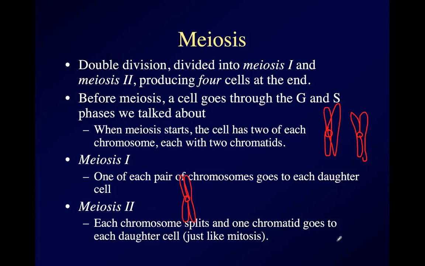And then at the end of meiosis 2, each daughter cell has 1 of each pair of chromosomes, and each chromosome consists of 1 chromatid.